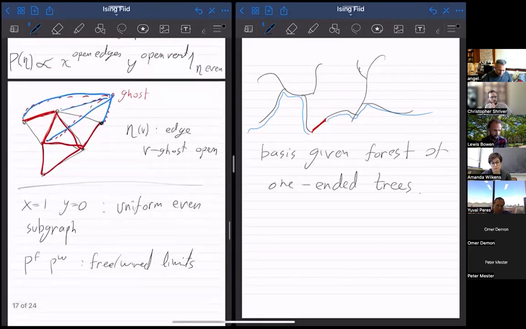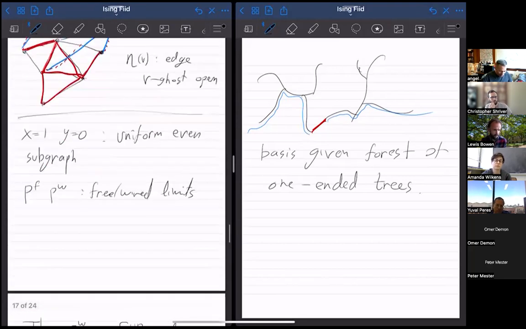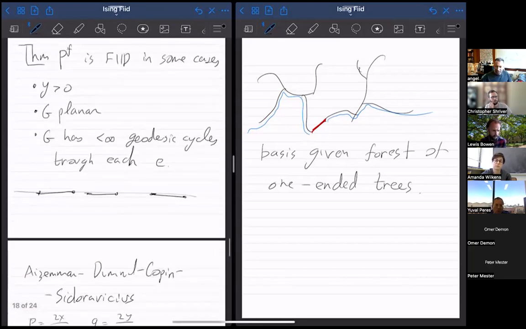For example, in a planar graph, there is a nice collection of cycles: you can just take the faces as cycles. That's a natural basis. And if you have finitely many geodesic cycles, you can take all the geodesic cycles. If you have any cycle that is not geodesic, then it is spanned by shorter cycles.